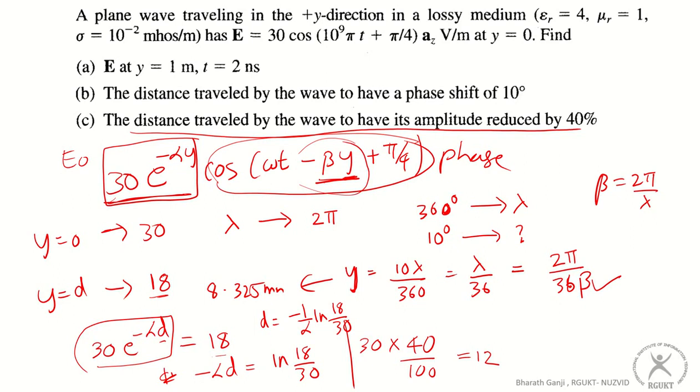Now let's see what number we get for ln of 18 by 30. Let me do it. 18 divided by 30, I think you get 0.6. You need to take ln of 0.6.